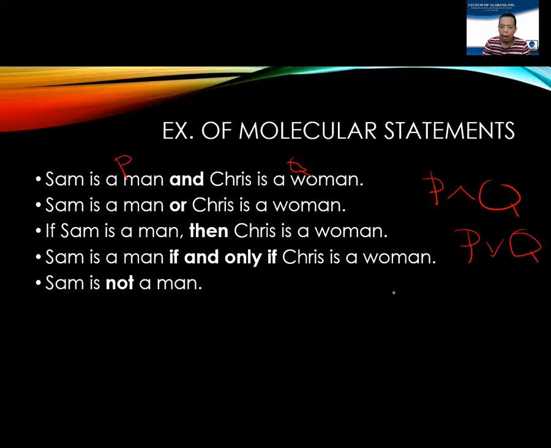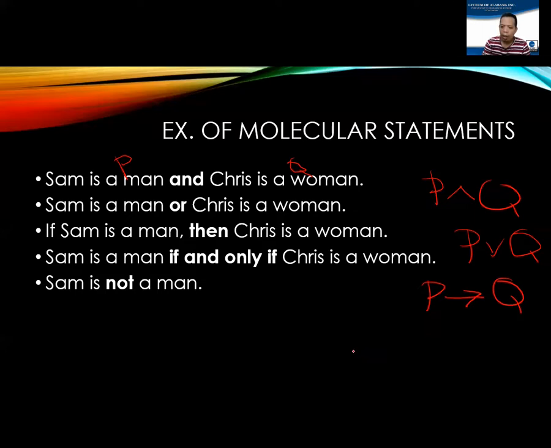For the third example, we have: if Sam is a man, then Chris is a woman. The well-formed formula for if-then is P, then an arrow, and Q.